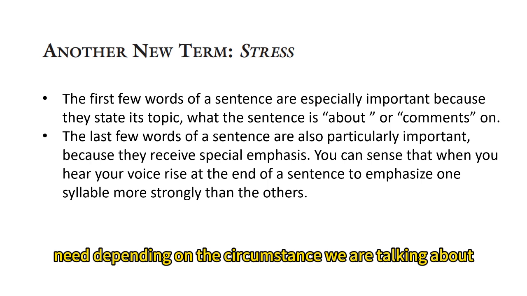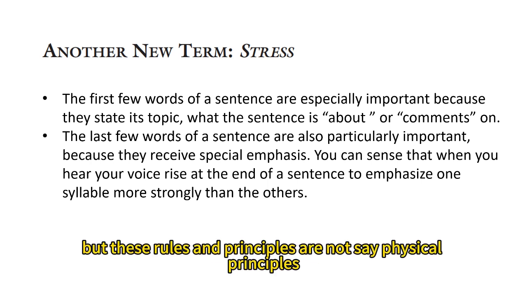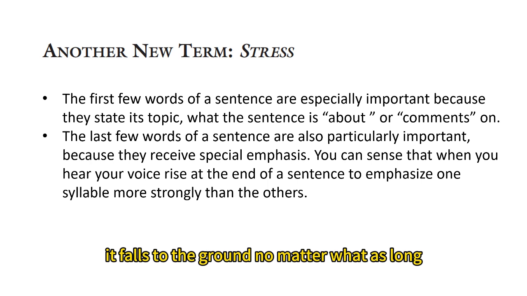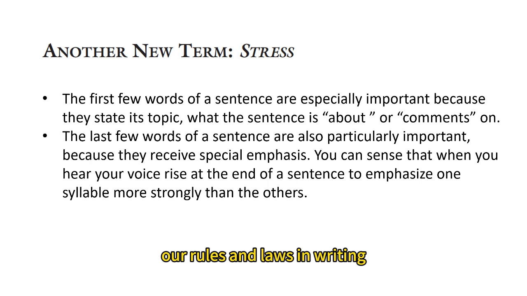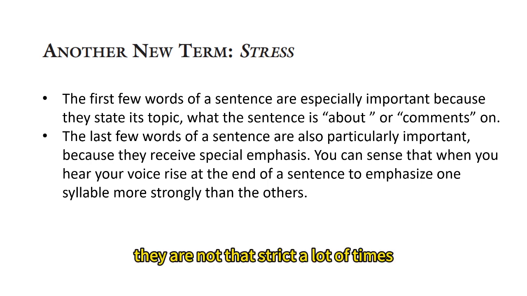We are talking about rules, principles, but these rules and principles are not, say, physical principles, like Newton's law. Like if we raise this apple this far and we release it, it falls to the ground no matter what, as long as we are near the surface of the earth. Our rules and laws in writing, and more generally speaking, perhaps in the field of humanities and social science, they're not that strict.